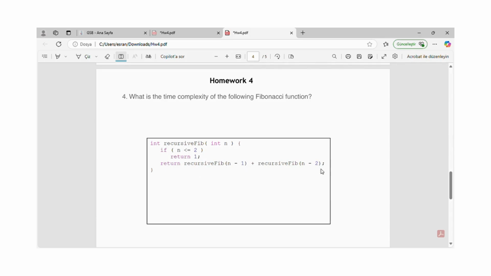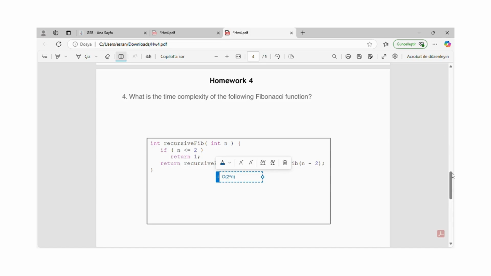This creates a binary tree of function calls. Each function call creates 2 more. So our time complexity is O(2 power n). Here is the answer.